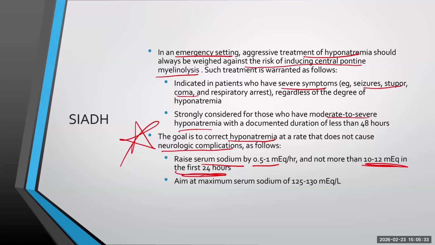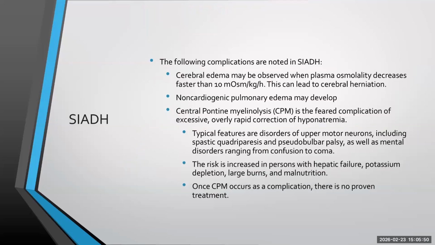So you don't want to raise sodium very, very fast. It's a slow, gradual rise because you want to avoid central pontine myelinolysis, those neurological complaints. So very, very slow with the sodium. Complications in SIADH: here's our cerebral edema when you raise the osmolality too fast.